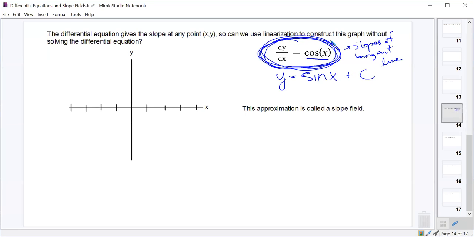There's just an x, which means we don't need to worry about y values. The only thing we need to plug in is x values. So what does dy dx equal if x equals 0?